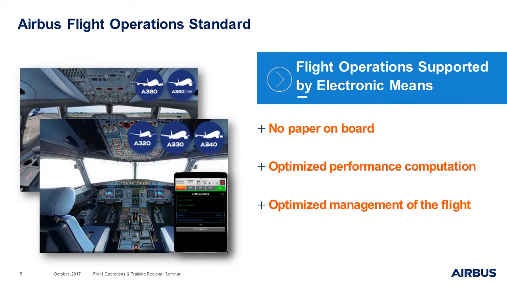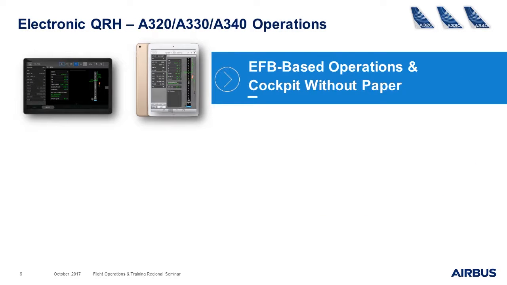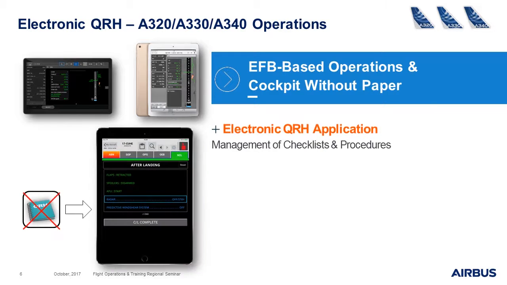Now, the objective of Airbus is to implement this flight operation standard on all Airbus aircraft, including the A320, A330 and A340 families. And this is the main objective of the electronic eQRH concept of operations. In fact, the electronic eQRH concept of operations implements 3 main enhancements. The first enhancement consists of the development of a new EFB application, the electronic eQRH.